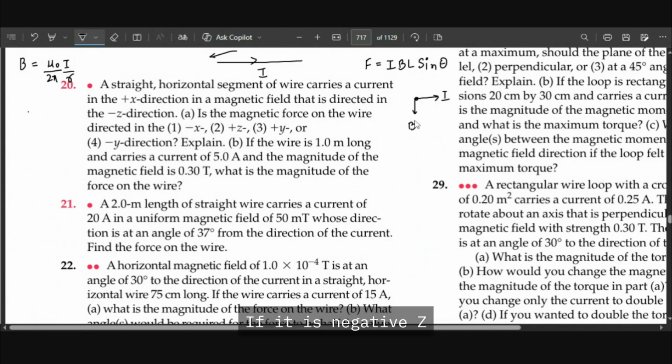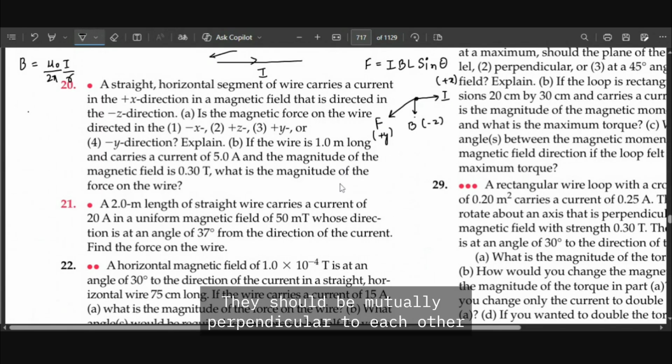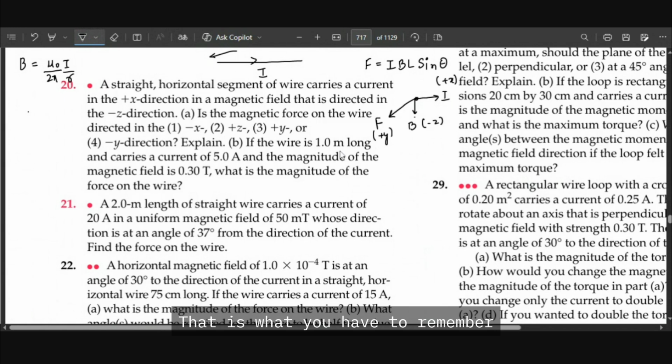If the current is along positive x and the field is along negative z, the direction of force must be positive y. They should be mutually perpendicular to each other. That is what you have to remember. Nothing else needs to be remembered.